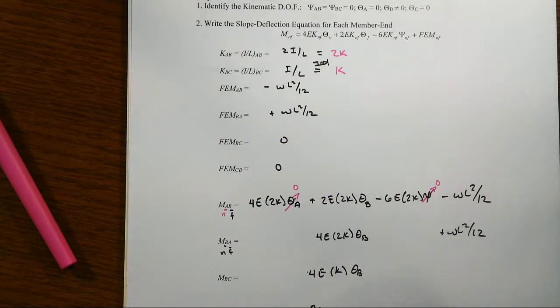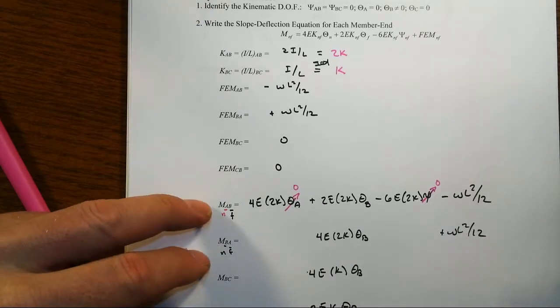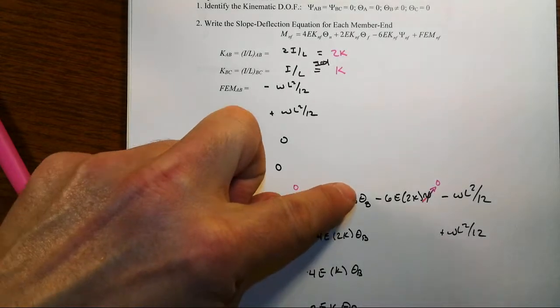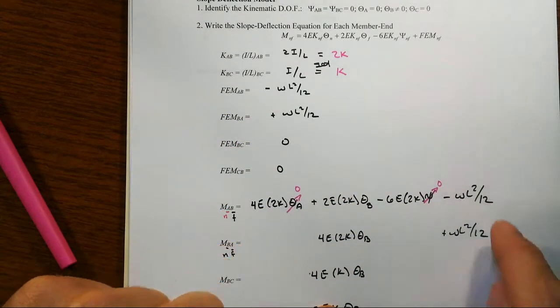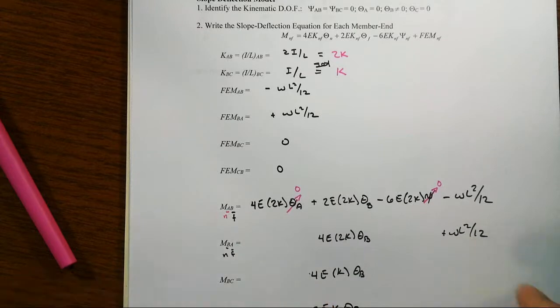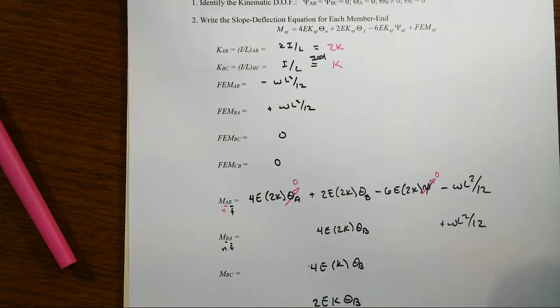And MCB then is going to become 2EK theta B as we swap roles of the near and far end. And those are the basic steps of writing the slope deflection equation for each and every term. Notice the member end moments are now in terms of the unknown and a loading term. And that will become powerful here in just a moment in the next step.